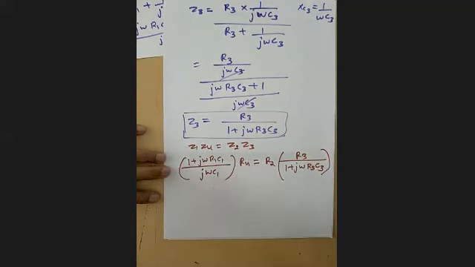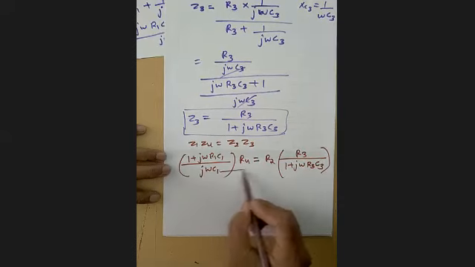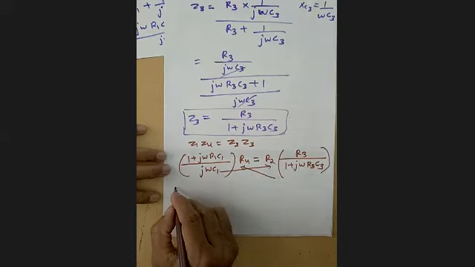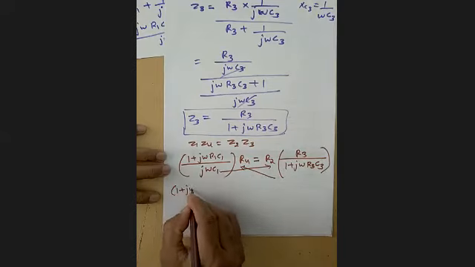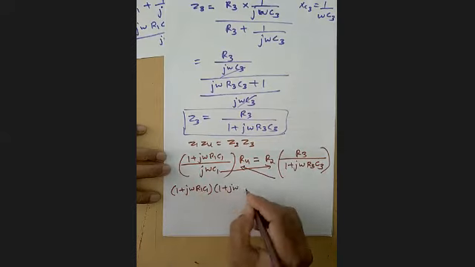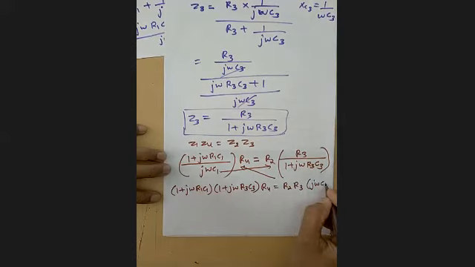Now can we solve this? So take this denominator term here and this denominator term here. So I'm writing here 1 plus j omega R1 C1 multiplying with 1 plus j omega R3 C3 into R4, equal to R2 R3 into j omega C1.